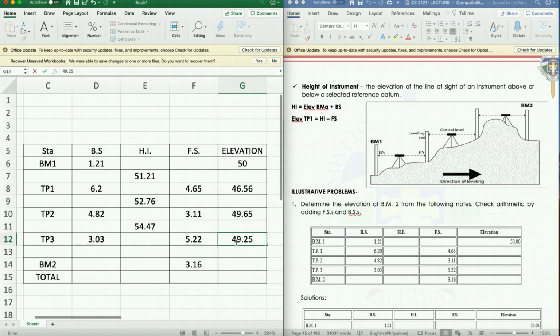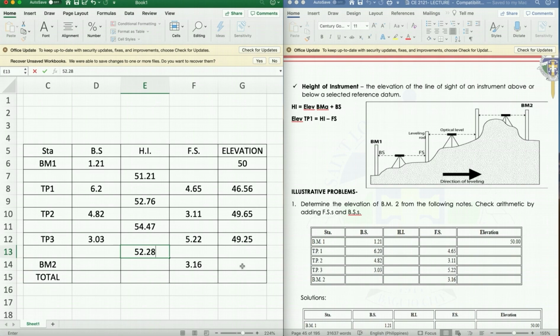So we are already at the elevation of TP3. To get the elevation of BM2, it is simply 49.25 plus the backsight, 3.03, and that is equivalent to 52.28.